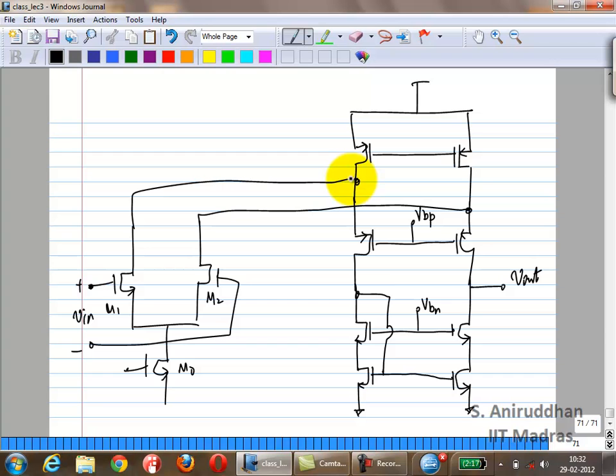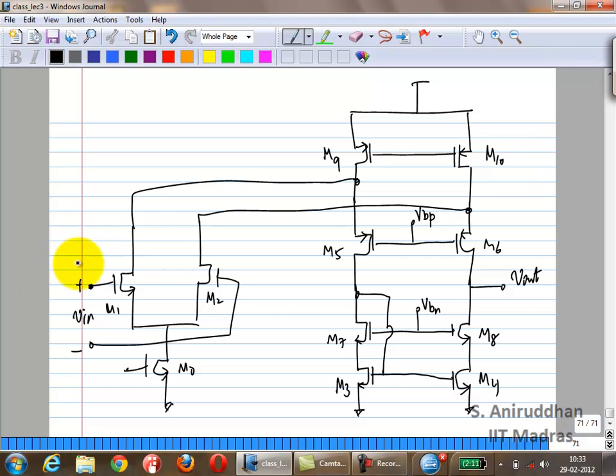Is that clear? All I've done is I've replaced the current sources with transistors. On the top side, you replace them with a single set because you already have a cascode. On the bottom side, you replace it with a high swing cascode, just as we had for a telescopic. Okay? So let me number these transistors, M3, M4, oh sorry, and M10. Okay?